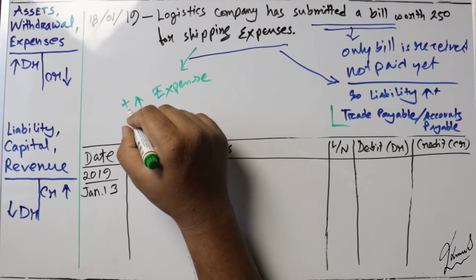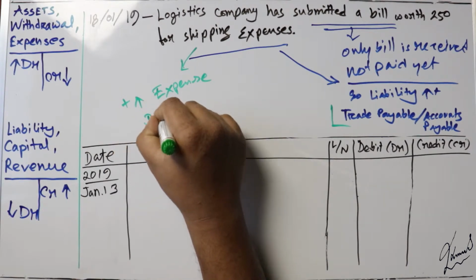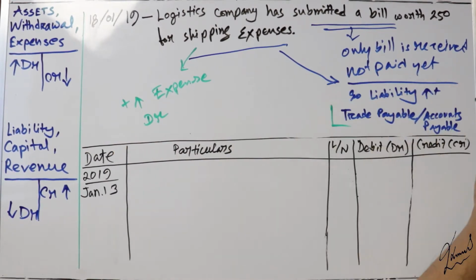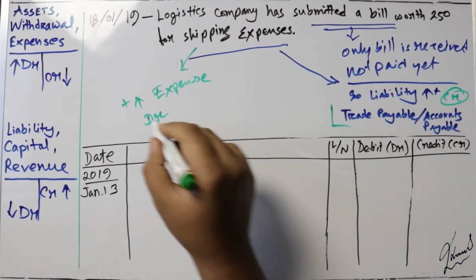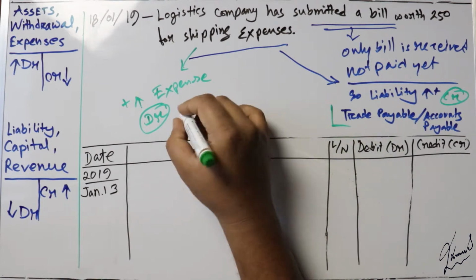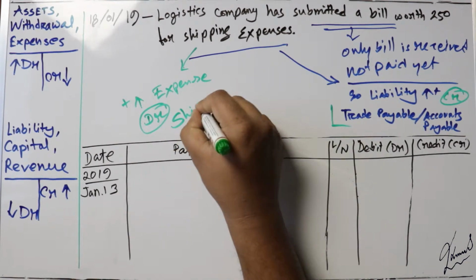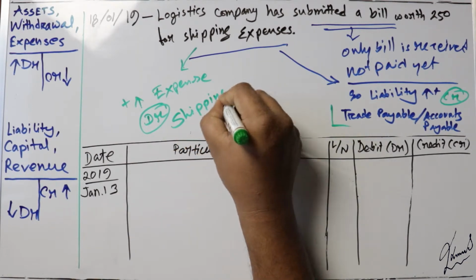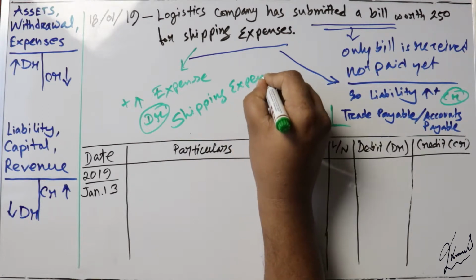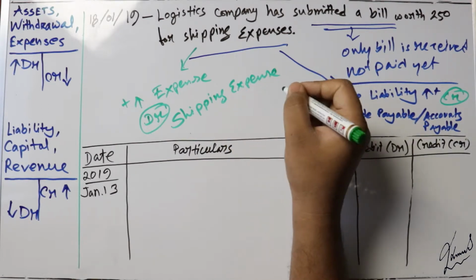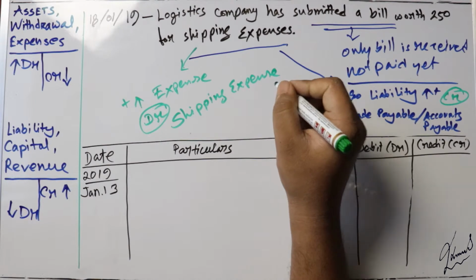And what will be the name of the account? For simplicity, I will use shipping and distribution expense. So which account should we use? This is associated with shipping expenses, so we can use shipping expenses, but there will be so many expenses that are related to these shipping expenses.